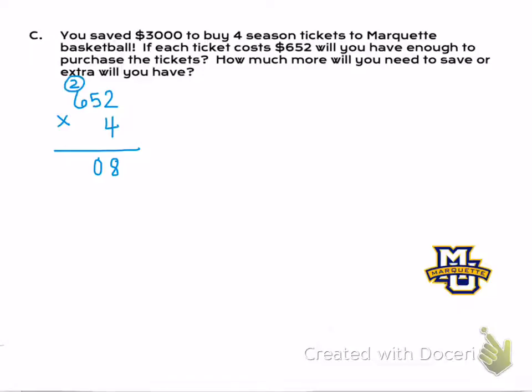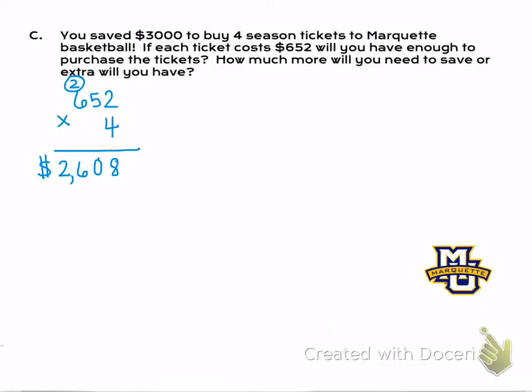Plus 2 is 26. So we see that the 4 tickets will cost $2,608. The question asks, do you have enough money to buy the tickets? Well, you have $3,000 and $2,608 is less than that, so you do. But it also asks, how much more will you need to save or extra will you have?